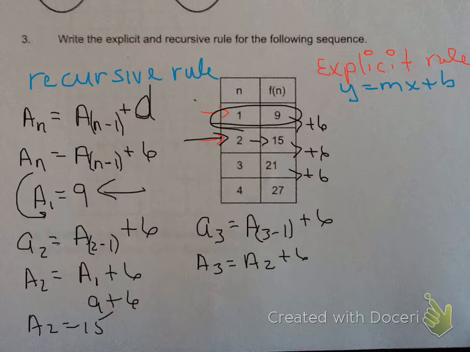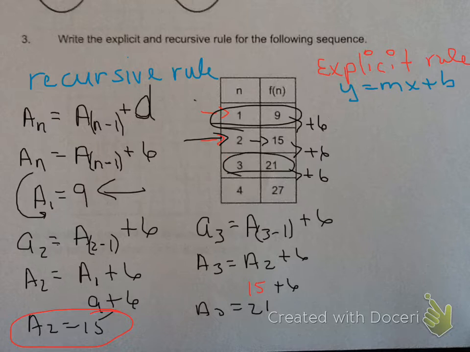What was the value that we found for a of 2? If you look over here, we found a of 2 equals 15, so we put a 15 here and add 6 to it, so a of 3 equals 21. And look, a of 3 is 21.